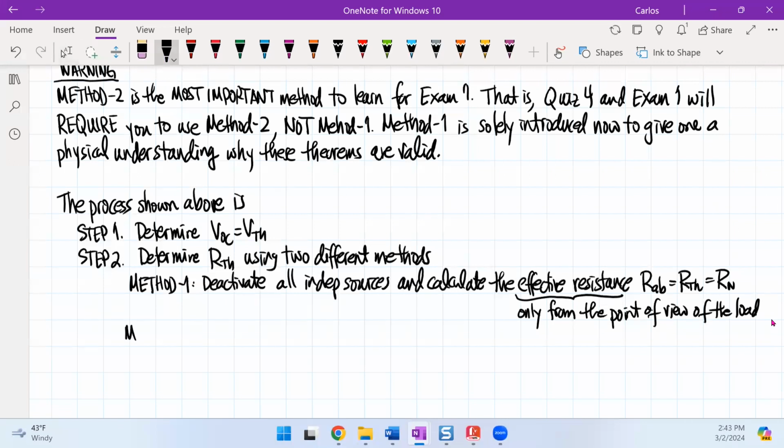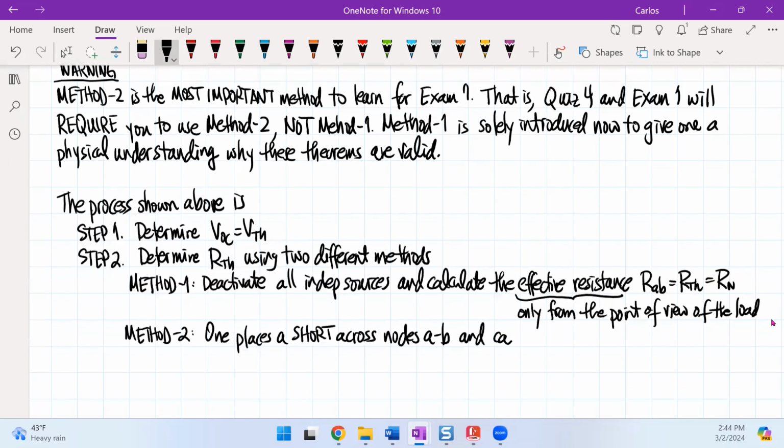And then method 2 places a short across nodes AB and calculates I short circuit, which is the same as I Norton.